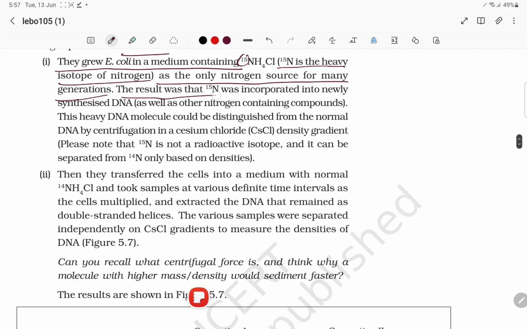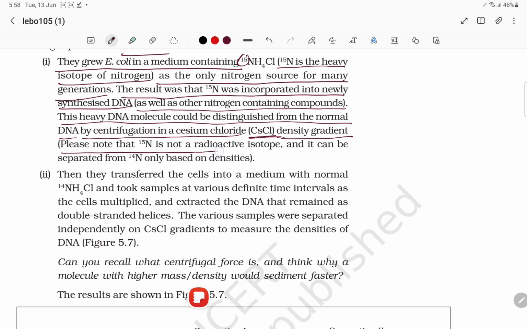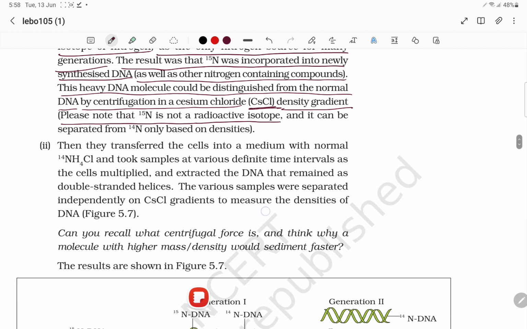The resultant N15 was incorporated into newly synthesized DNA as well as other nitrogen-containing compounds. This heavy DNA could be distinguished from normal DNA by centrifuging in a cesium chloride density gradient. This is also very important: please note that N15 is not a radioactive isotope, and it can be separated from N14 only on the basis of densities.